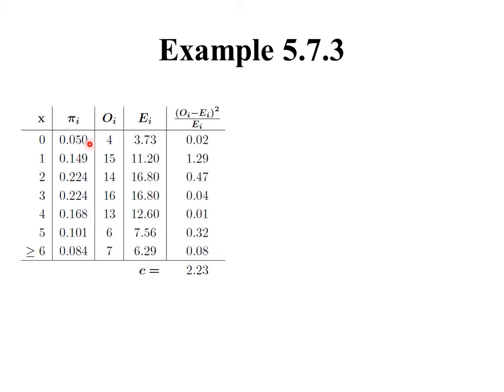Just replace 1 with 0, and the others are calculated similarly. Here's our observed values from our data, and then here's our expected values. Those are calculated by simply taking the claimed probabilities times 75. And then here we show the calculations of our test statistic, each observed value minus the expected squared divided by the expected, and then we add them up, and then here's our test statistic.